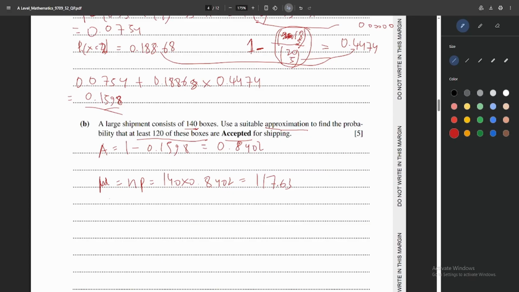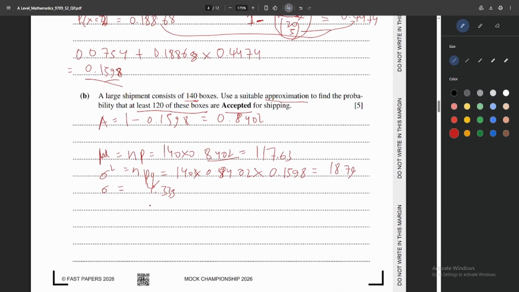Then the variance, which is npq: 140 times 0.8402, the probability of accepted, times 0.1598, the probability of rejected, and this gives us 18.79. Since we want the standard deviation, we take the square root and we get 4.335.